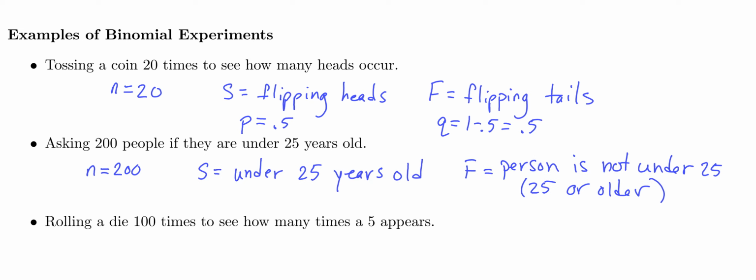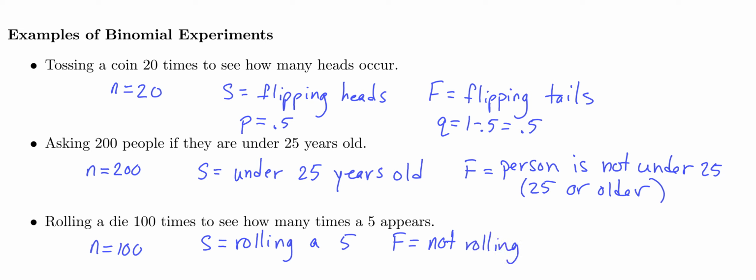Rolling a die 100 times to see how many times a 5 appears. In this case, n is 100. Success is rolling a 5, and failure is not rolling a 5. When a die is rolled, there are 6 outcomes.